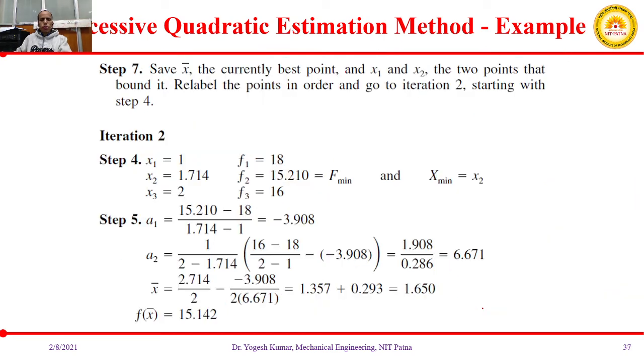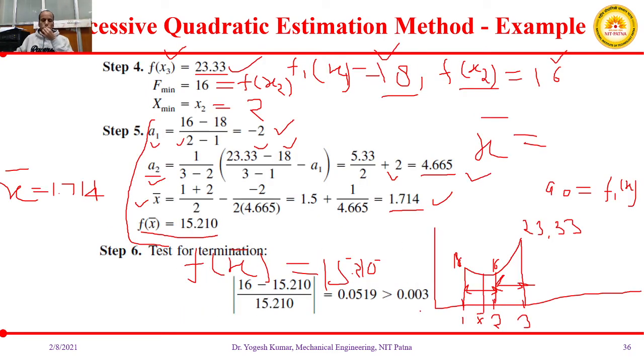Before that, we will test for the termination step, which we did not do. I moved a step ahead. Once you have calculated x bar, we will compare these values against the minimum value of the function, to decide whether we should move ahead for searching other values.